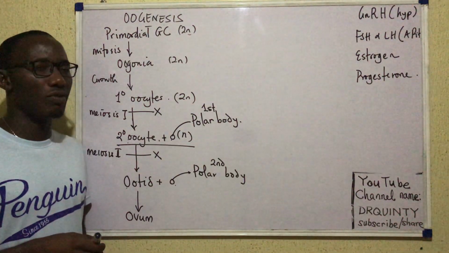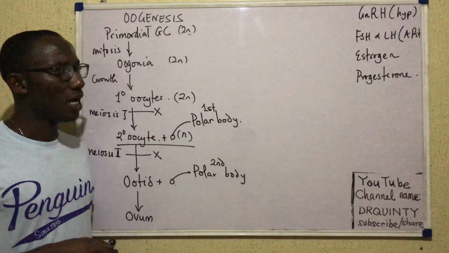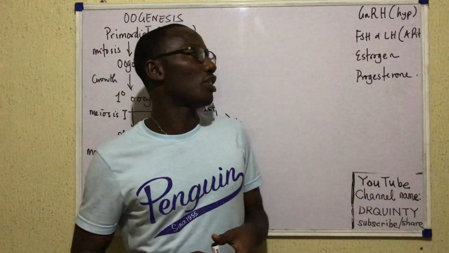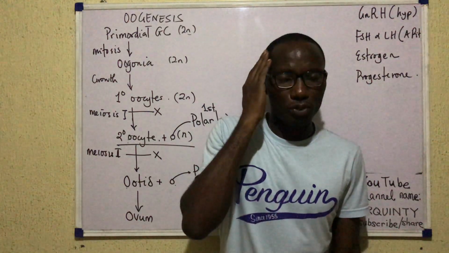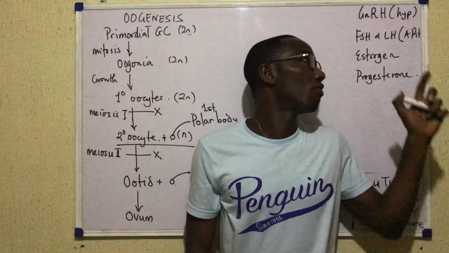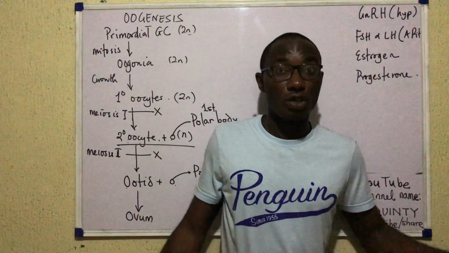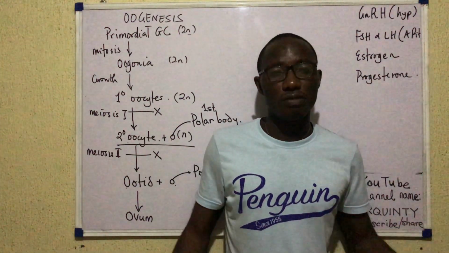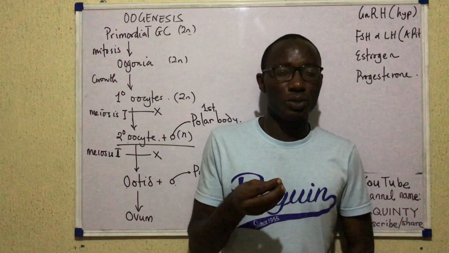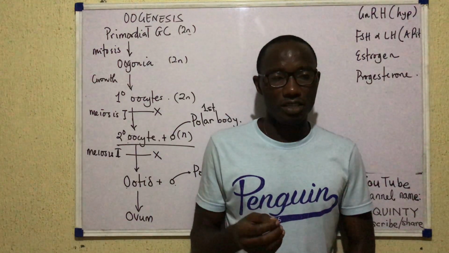And what is their role? What do they do? I'll begin with FSH. FSH produced in the anterior pituitary. Of course, we said that its production will be under the influence of GnRH. So if GnRH is released from the hypothalamus, it will stimulate the anterior pituitary to release FSH.